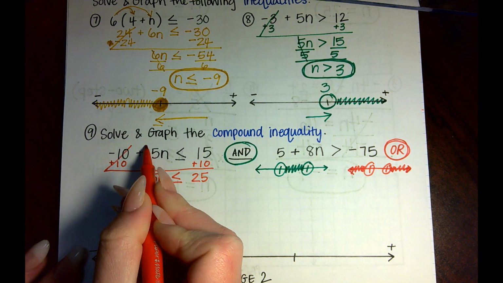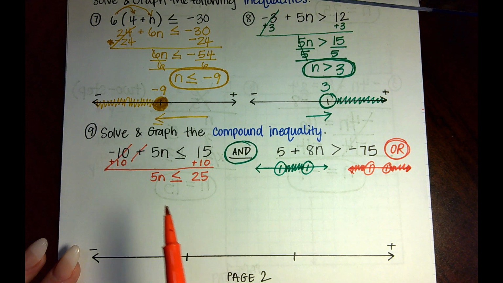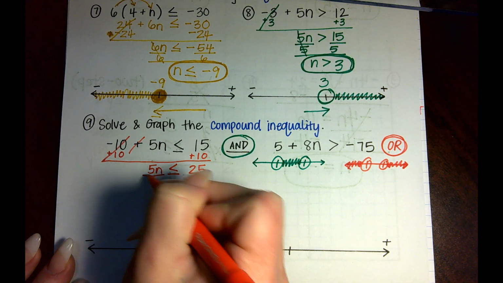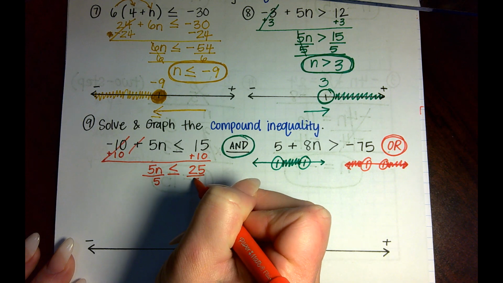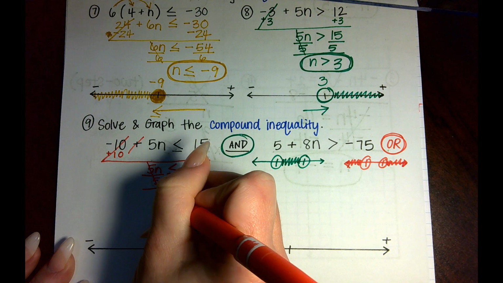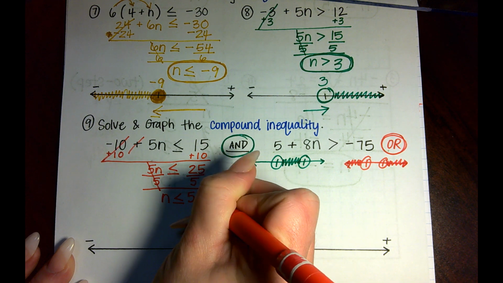We don't need that plus anymore because there's nothing I'm adding to 5n anymore. Then I divide by 5. The 5 cancels. n is less than or equal to 5.